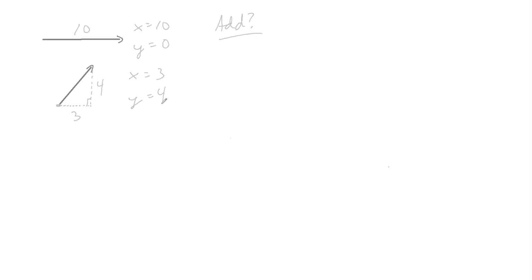All right. Now, what if I want to add them together? Well, it's really simple. I want to know my total x and my total y. I'm going to take my x's, I'm going to put them together. I had an x component here, I've got an x component there, I'm just going to put them together. My total x component would be 13. I want my total y component.